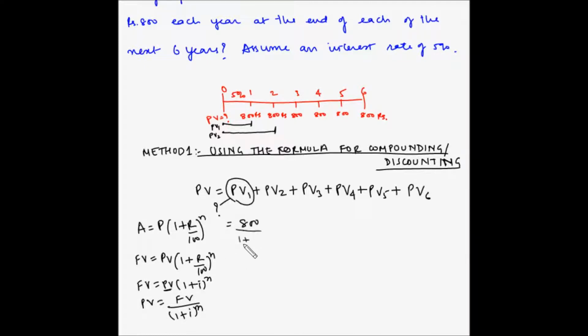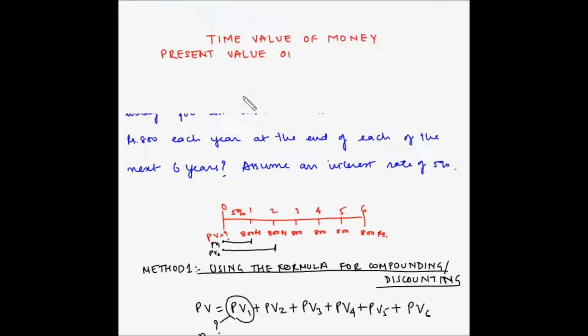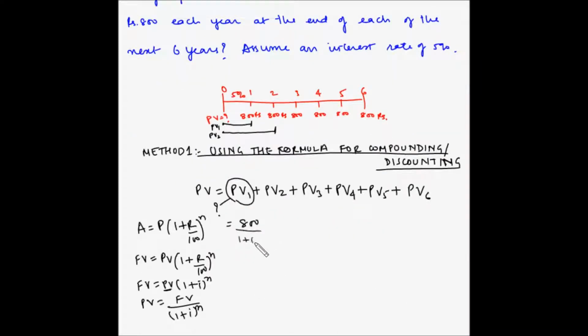So 1 plus, now I is 5 divided by 100, which is 0.05, to the power n, which in case of PV1 is only 1, plus, let's take PV2.